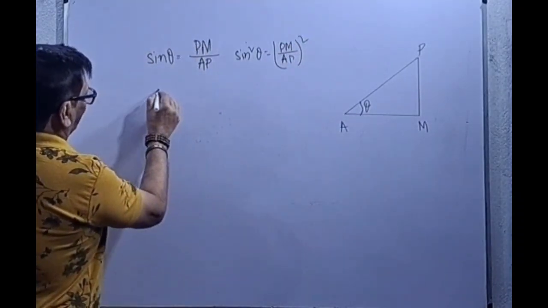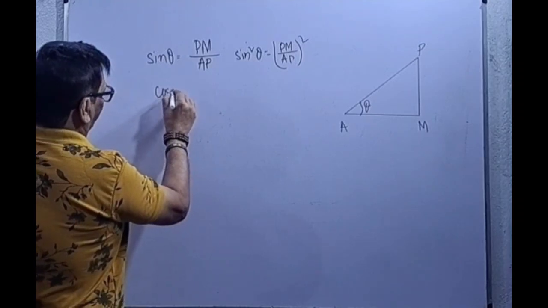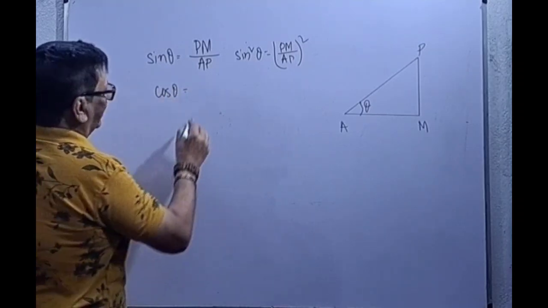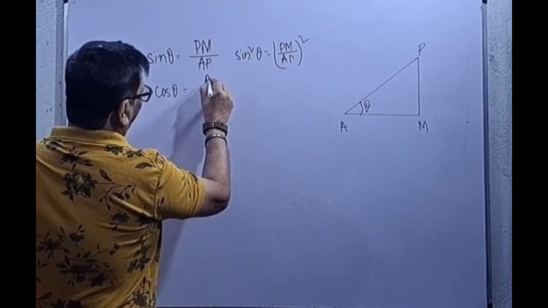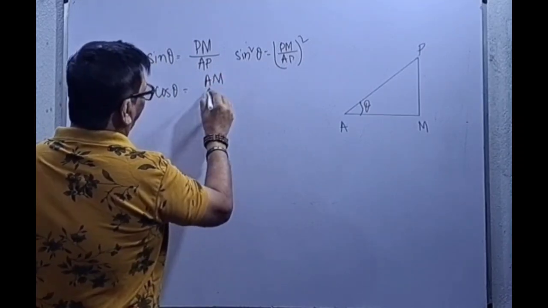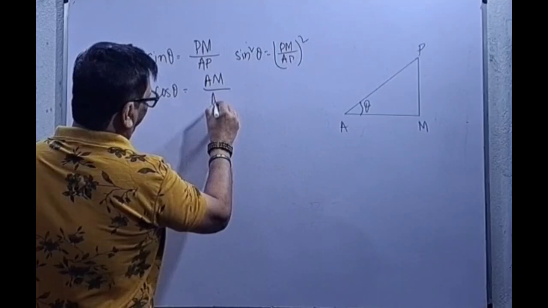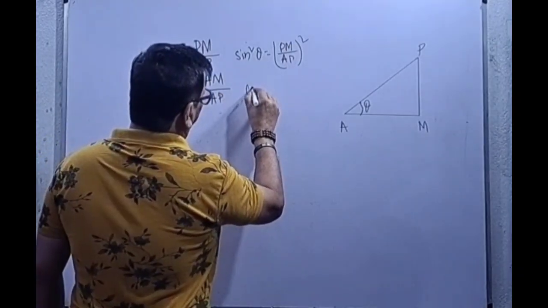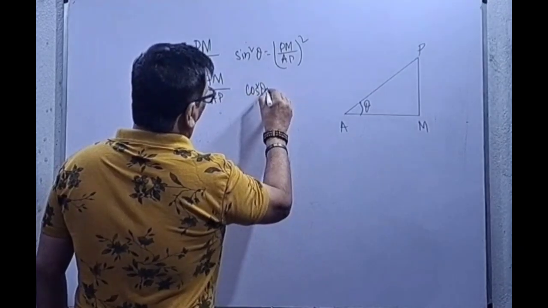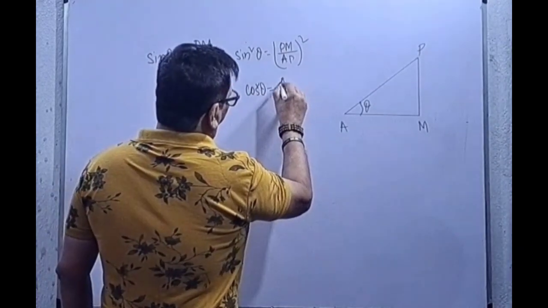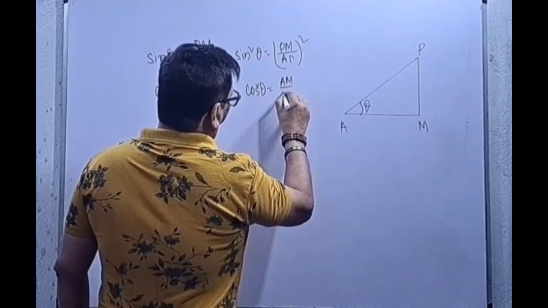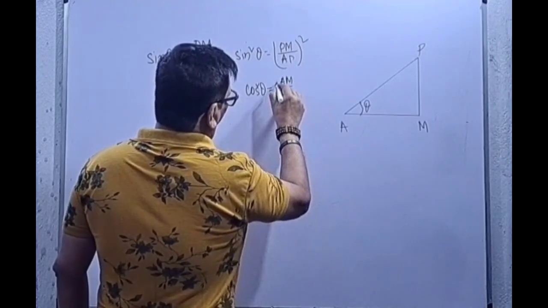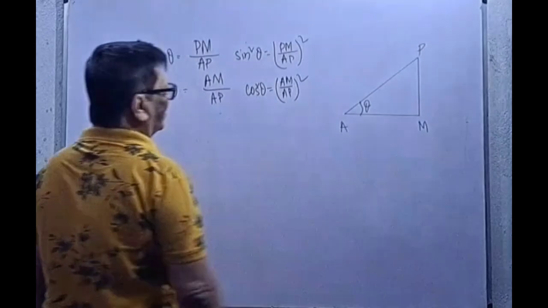Again, cos theta is equal to AM by AP, correct? So cos² theta is equal to AM by AP whole square, right?